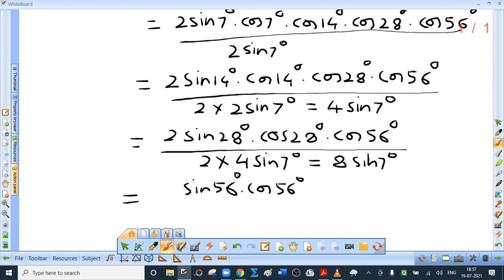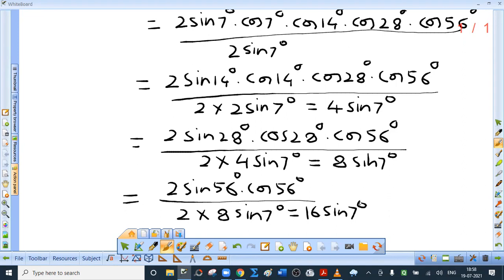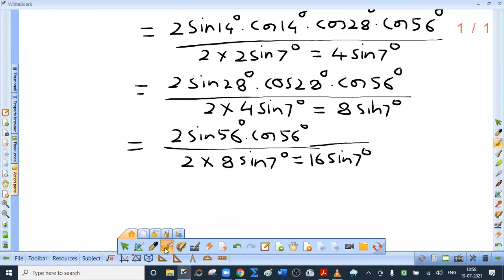Okay. Now I multiply numerator and denominator by 2. Original denominator is 8 sin 7 degree, but I have to multiply that also by 2. So 16 sin 7 degree. Now, numerator is what? 2 sin 56 cos 56. 2 sin theta cos theta is sin 2 theta. 2 times 56 is 112.